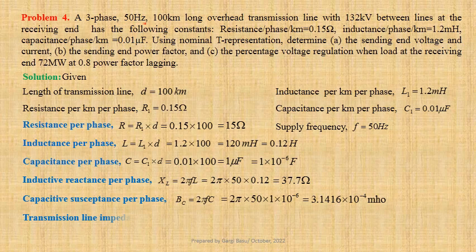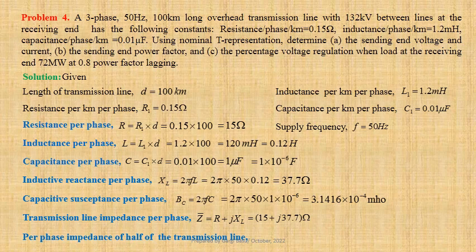Transmission line impedance per phase Z equals R plus jXL, that is 15 plus j times 37.7 ohm. Now we shall determine per phase impedance of half of the transmission line.